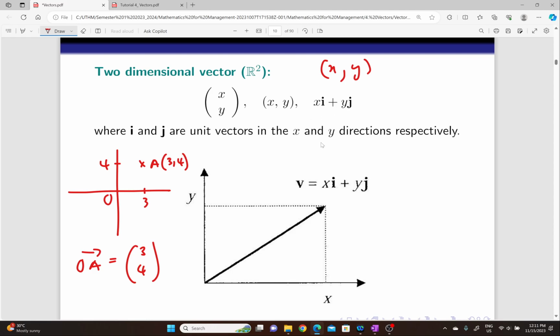Another notation for vector is you write xi and yj. There's another notation also like this for vector, but we will just focus on one simple notation for our later computation.